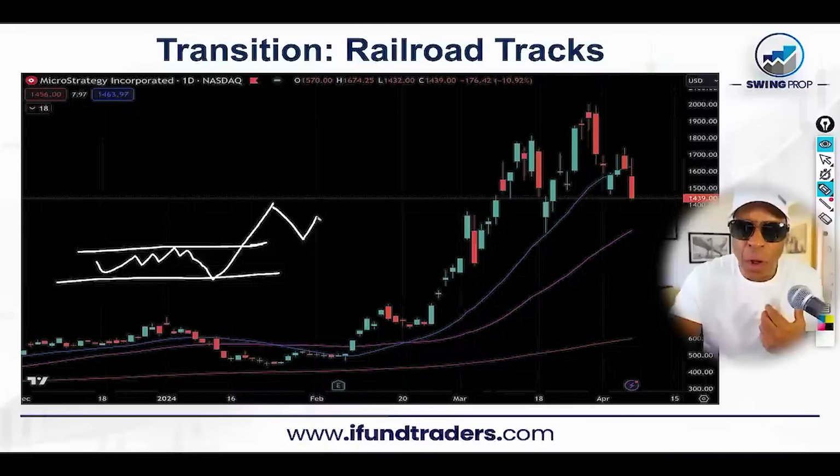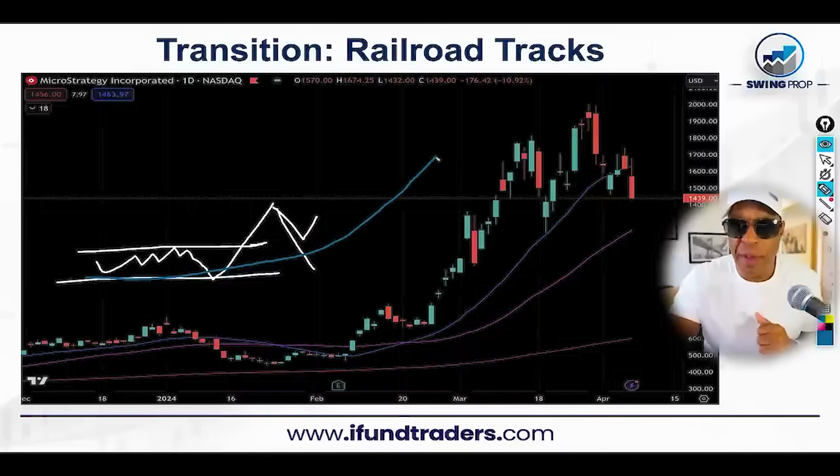This has to halt. It can't drop all the way back in. It's got to halt, and I need it to halt above the 20 period moving average. Anywhere above the 20 moving average is fine, but I need it to halt and turn.